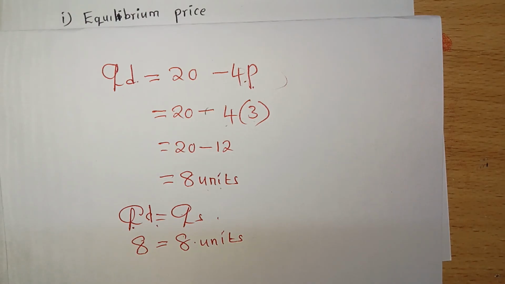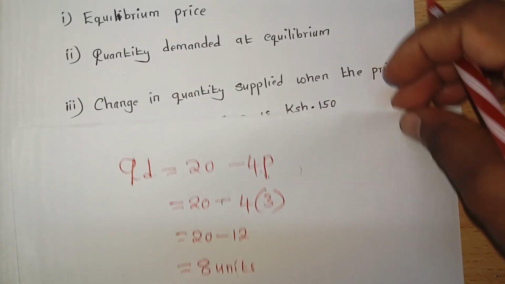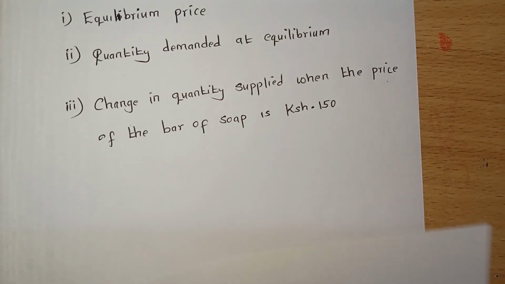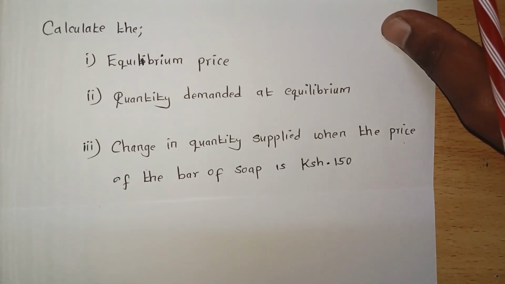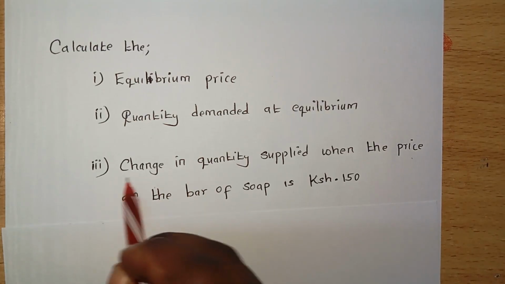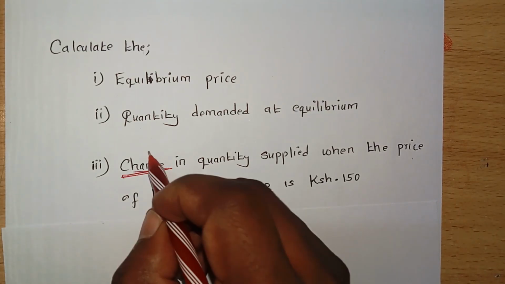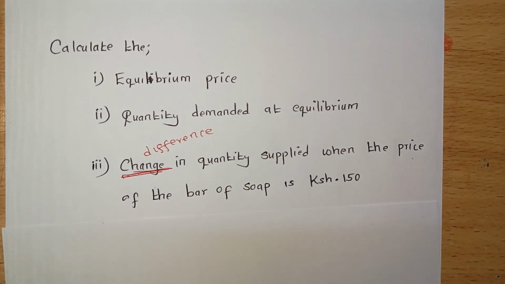Now, let us proceed to our last question. We are asked to find the change in quantity supplied when the price of the bar of soap is 150 shillings. Because you are asked to find the change, it means the difference. So you are asked to find the difference in the quantity supplied when the price of the bar of soap is 150.